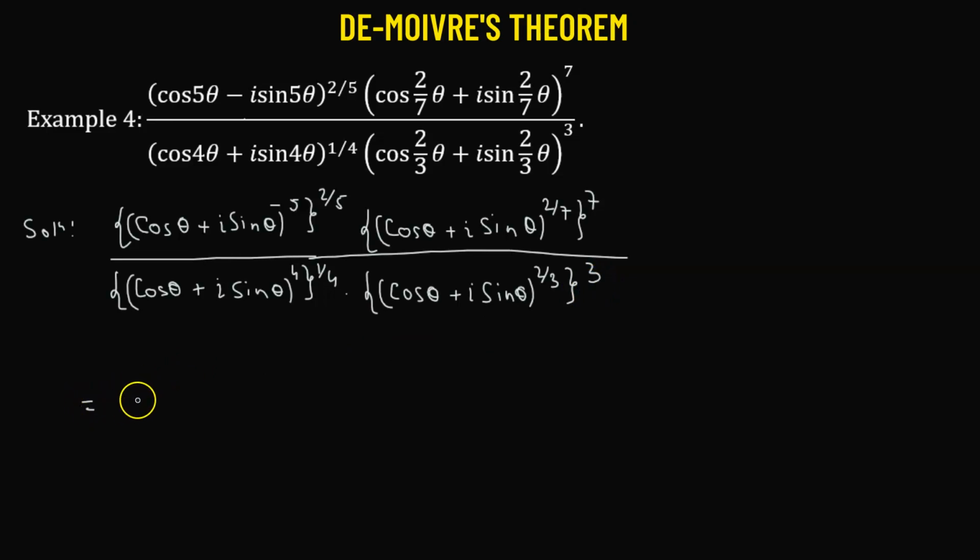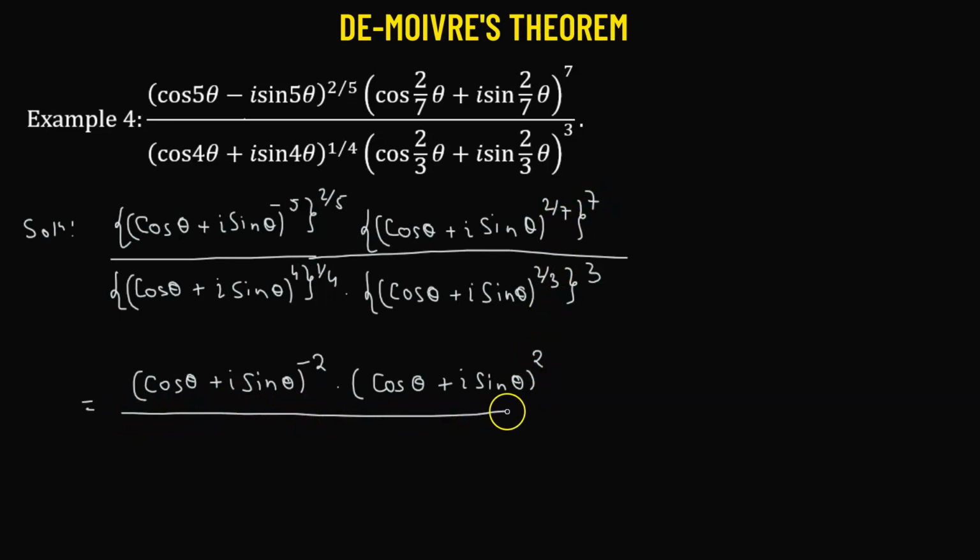So that means we now have cosine of theta plus iota times sine theta raised to the power of, so here the exponents will get multiplied, with negative 5 multiplied to 2 over 5. So that's simply negative 2. This will be multiplied to cosine theta plus iota times sine theta whole raised to the power of, so 2 over 7 times 7, that will be simply 2.